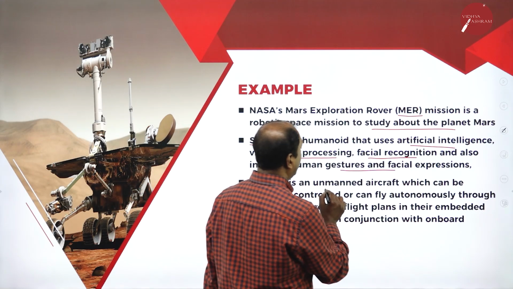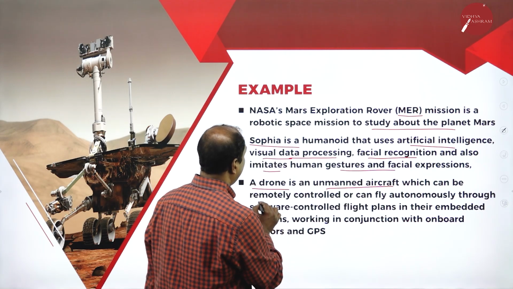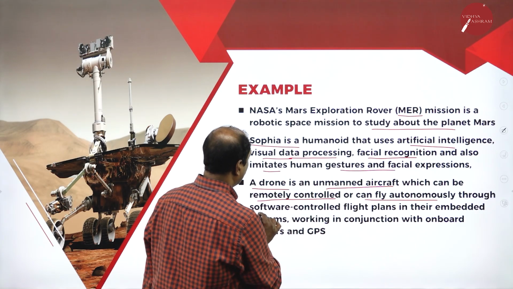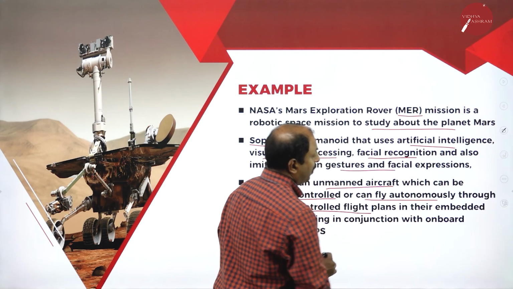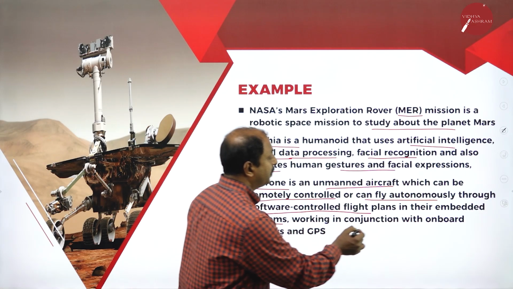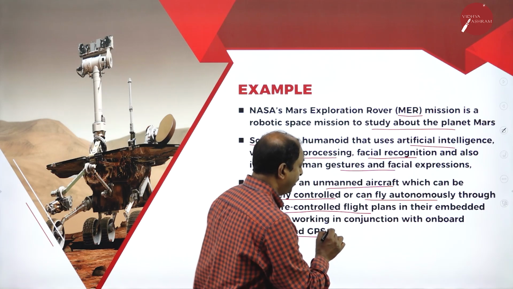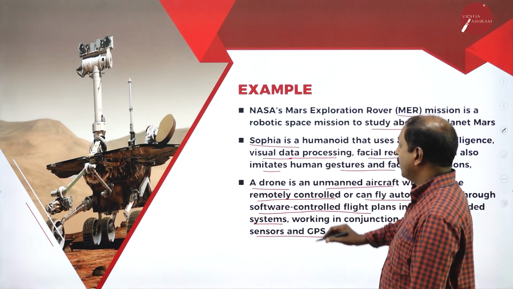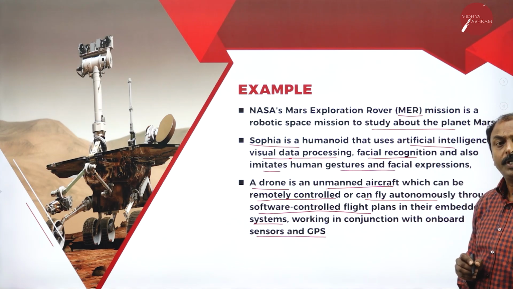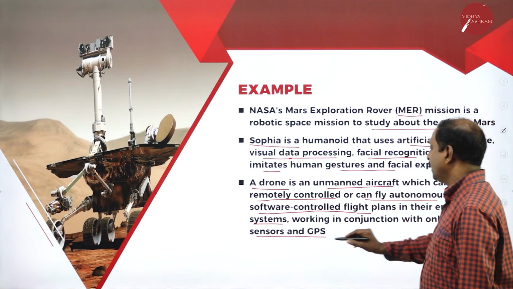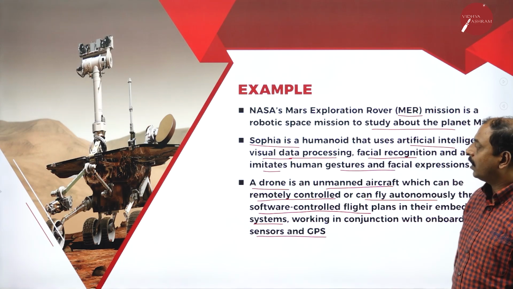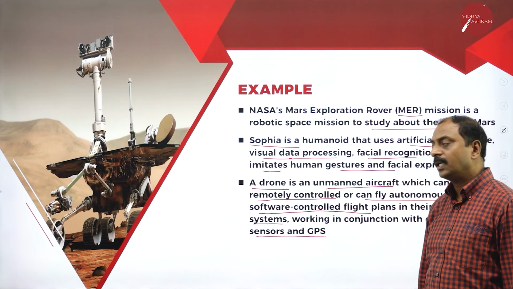It is an unmanned aircraft which can be remotely controlled or can fly automatically through software controlled flight plans in its embedded system, working in conjunction with onboard sensors and GPS. These are the different examples for robotics, another technology.